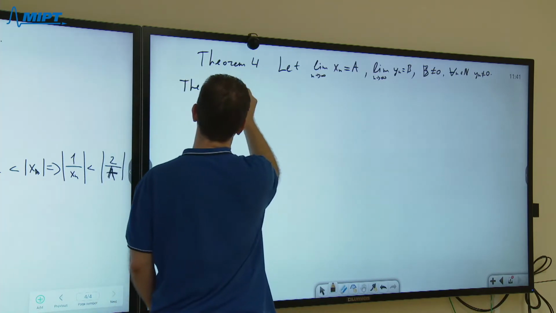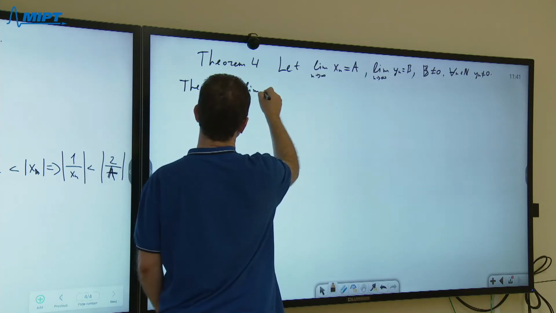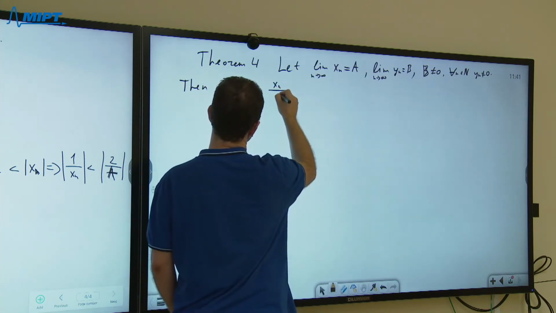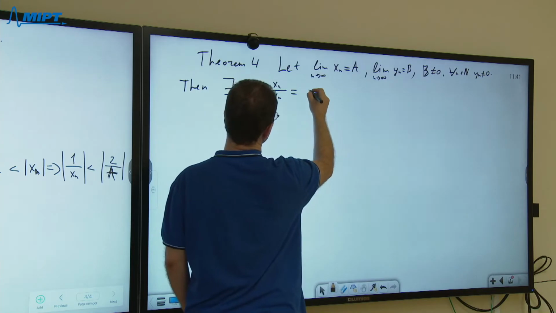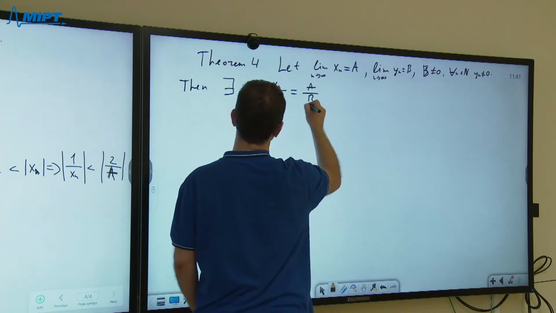Then there exists a limit of xn divided by yn, which is a divided by b.